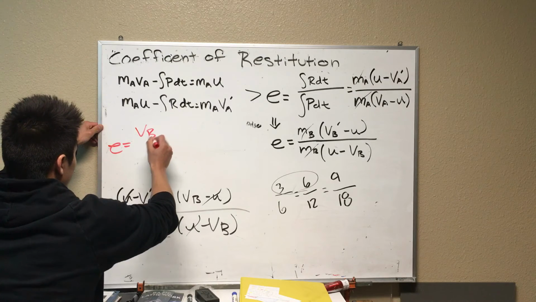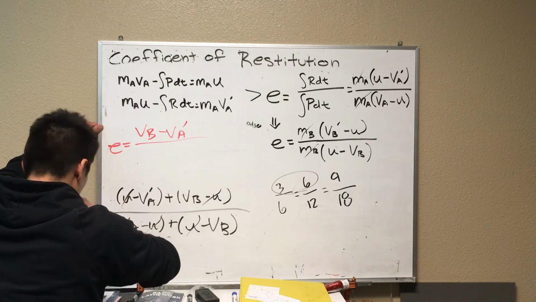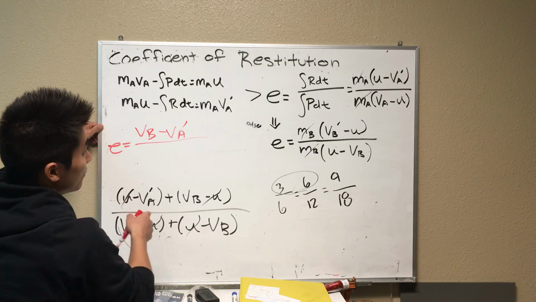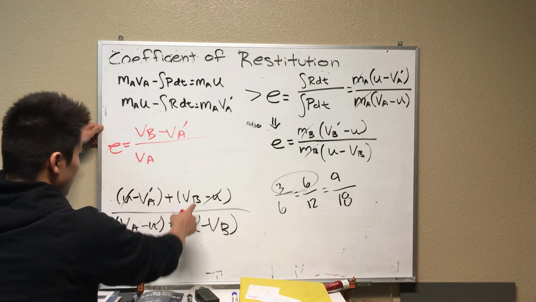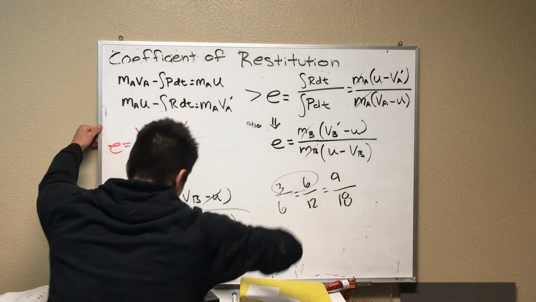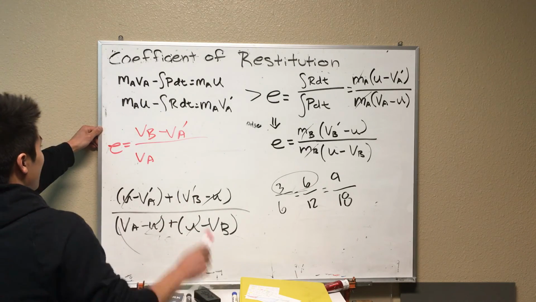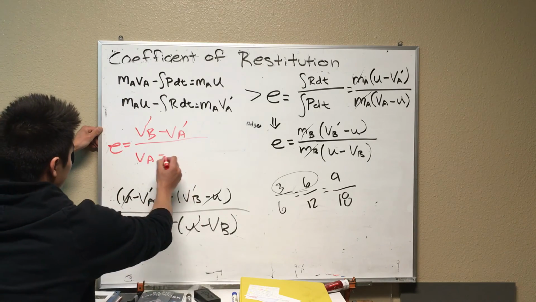We got v_B minus v_A final, and then, sorry, that doesn't look right. That's a v_B final, there we go. I thought I was going crazy. And then we have v_A minus v_B.